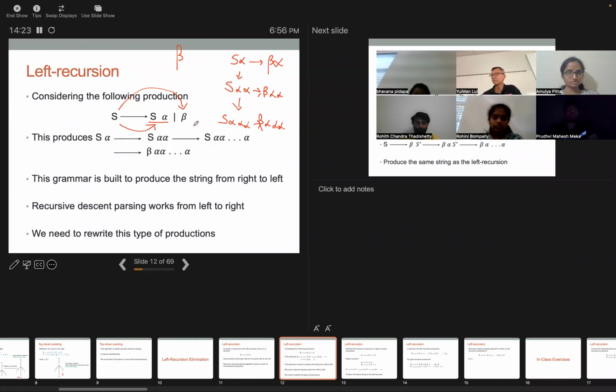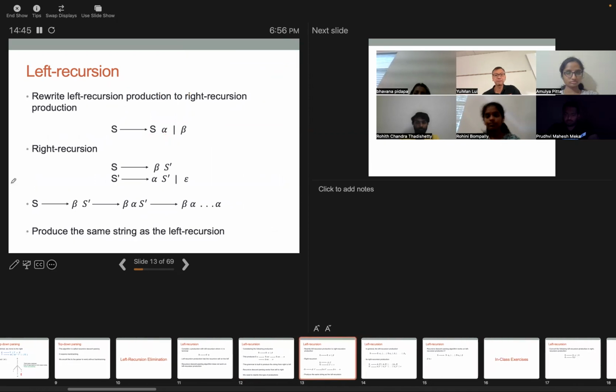Good. All right, so now we know what this grammar generates, then we are trying to rewrite it, so that it will generate the same output. So the goal is to eliminate the left recursion. How do we do that?